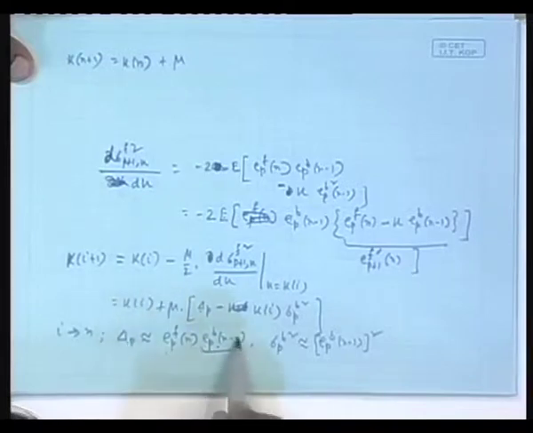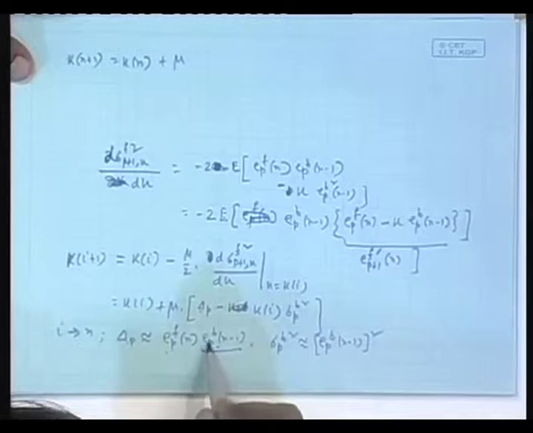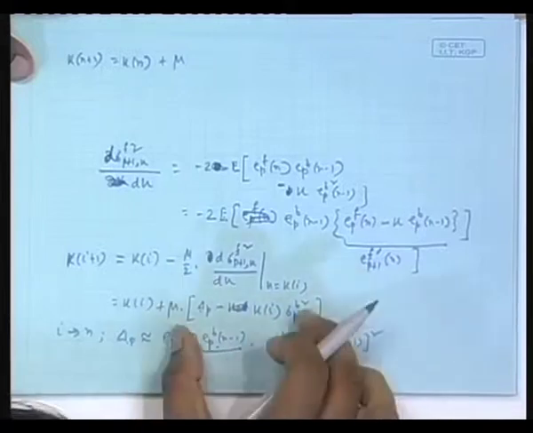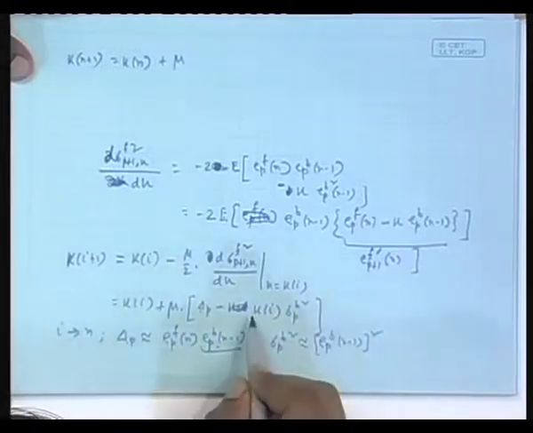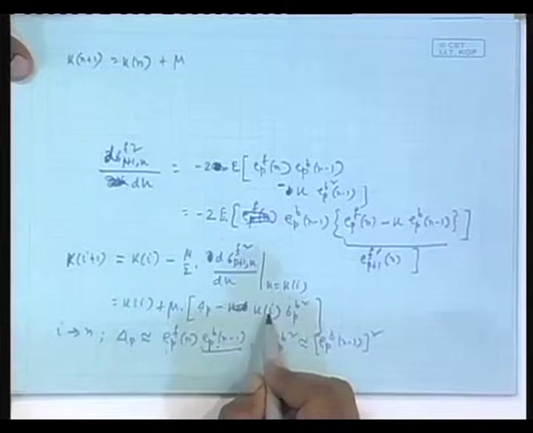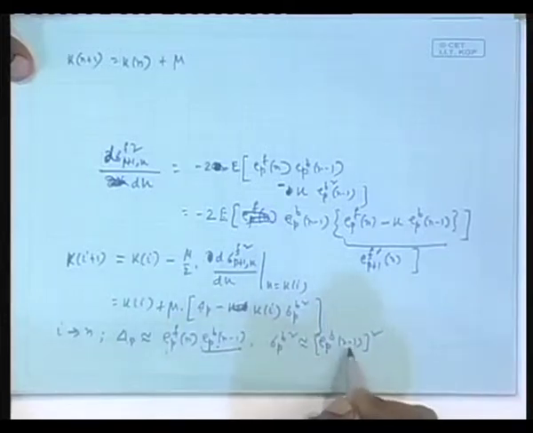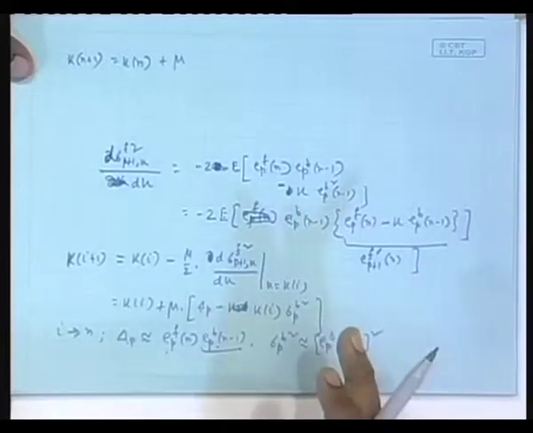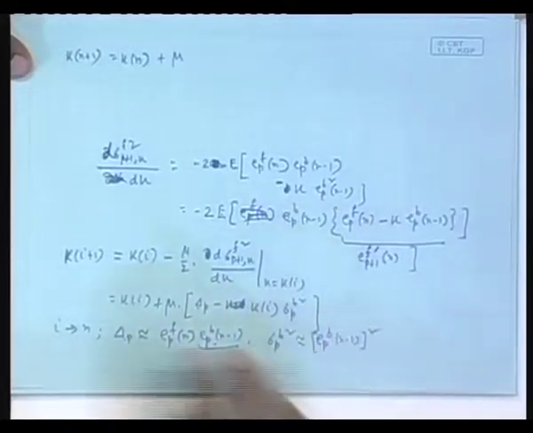If you replace delta p by this and sigma p b square by this, take E p b n minus 1 as common because it is present in this also. So, within the bracket what you are left with is E p f n minus K n into E p b n minus 1, which is my E p plus 1 f n under this adaptive situation.